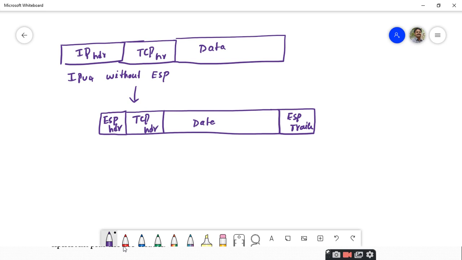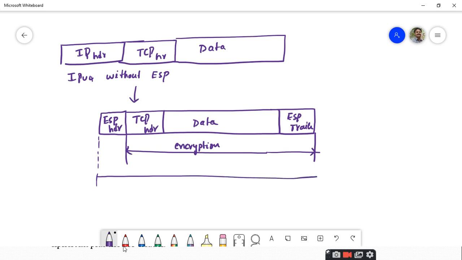And as I told, the encryption is always done from the TCP header to the ESP trailer. From here to here encryption takes place. And if you want to have authentication, you just need to cover the ESP header also. From here to here.